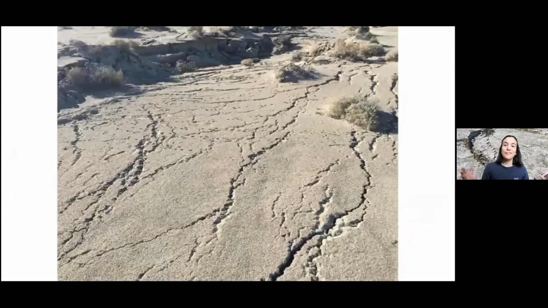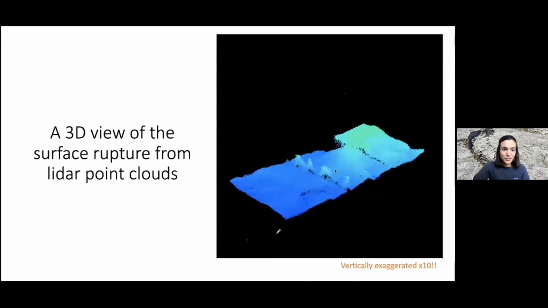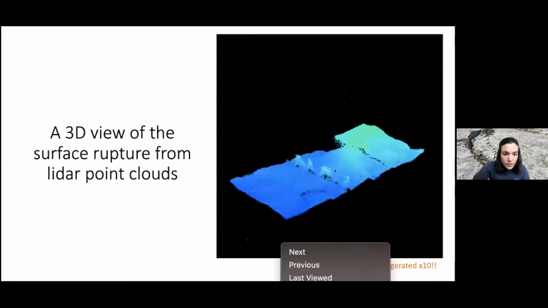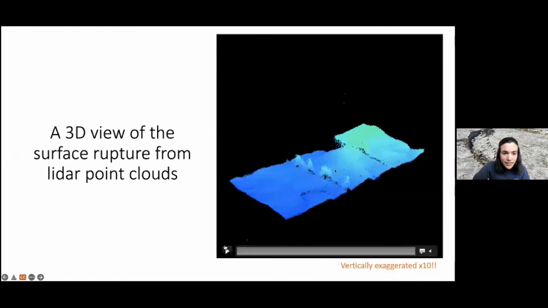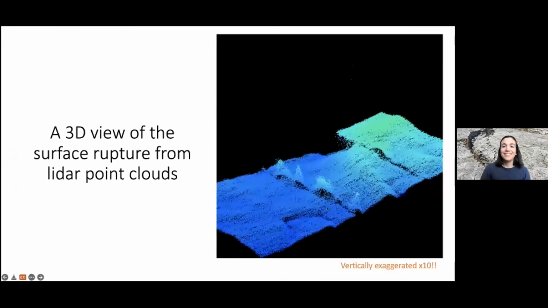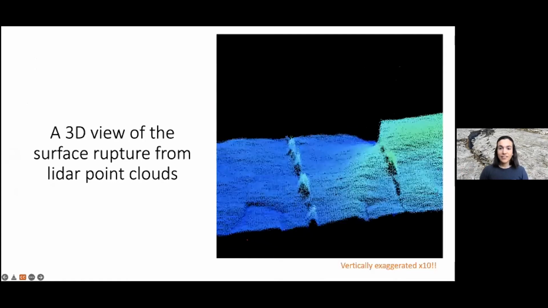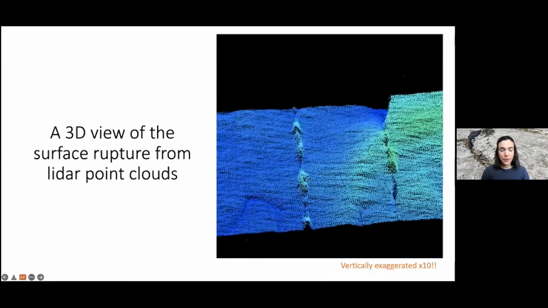This is just a nice field view of what's going on. You can see a large fault scarp in the middle here, and you can see all of this distributed fracturing extending away from it. And let me move my pointer so I can play this video. This is a 3D view of the LiDAR point cloud.